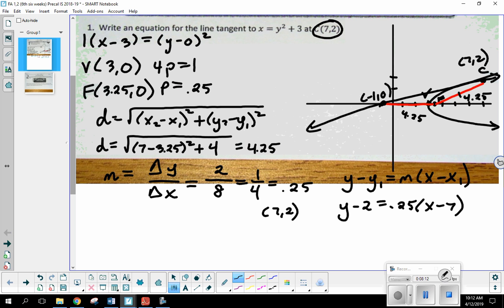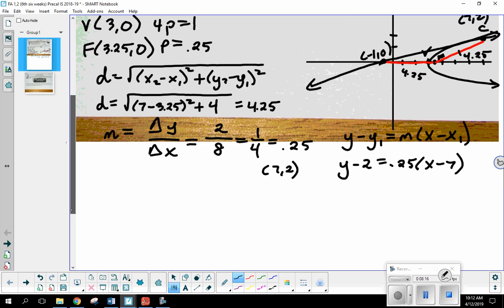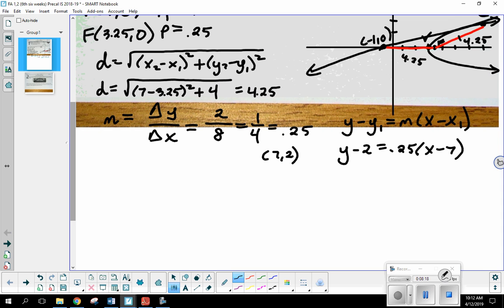Okay, so we just want to manipulate this a little bit. We want it in slope-intercept form. So y minus 2 should equal, somebody help me distribute. That would definitely be 0.25x, but minus what? 1.75. And now the last step would be to add the 2 over.